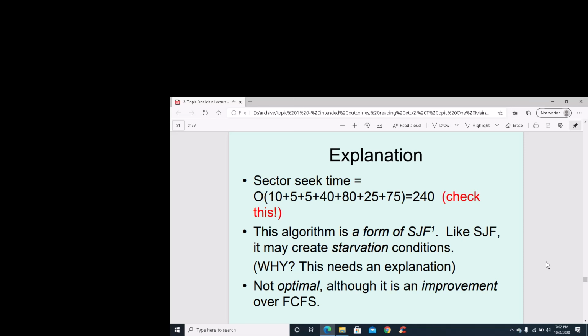The hint is, what happens if the read-write head is somewhere near sector n, and more requests come in which are close to sector n? Maybe the request that's waiting to be serviced at sector 200 will never get a look in, will never be dealt with.